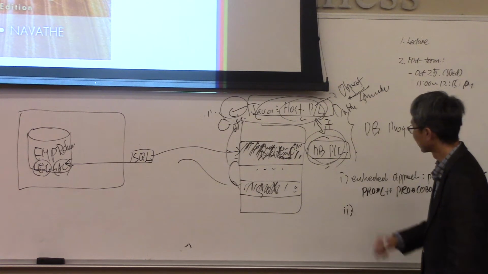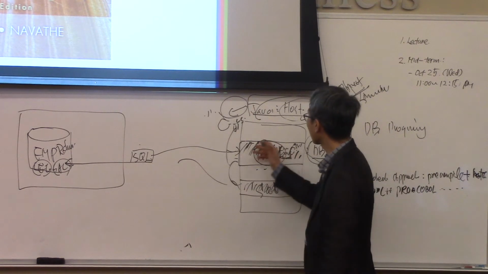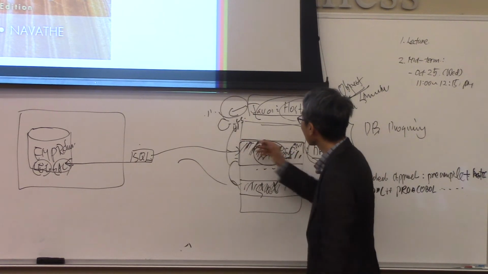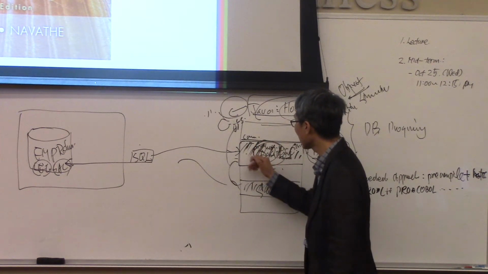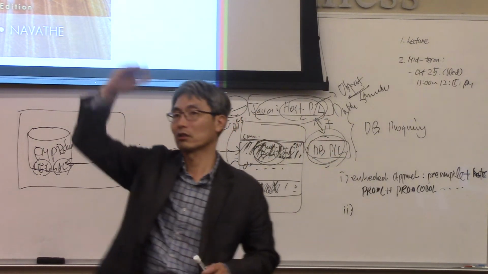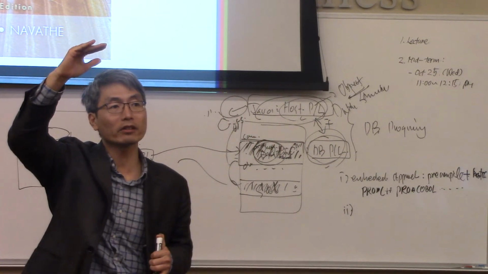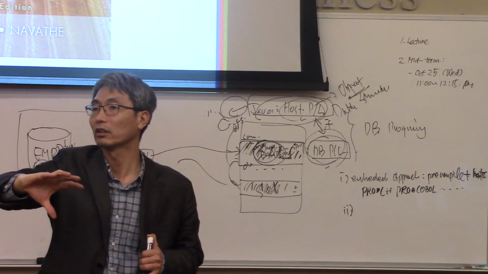Second, another approach. We need to connect to the database, access the data with SQL, and then disconnect. This is a typical step: connect to the database, run the SQL, and disconnect.